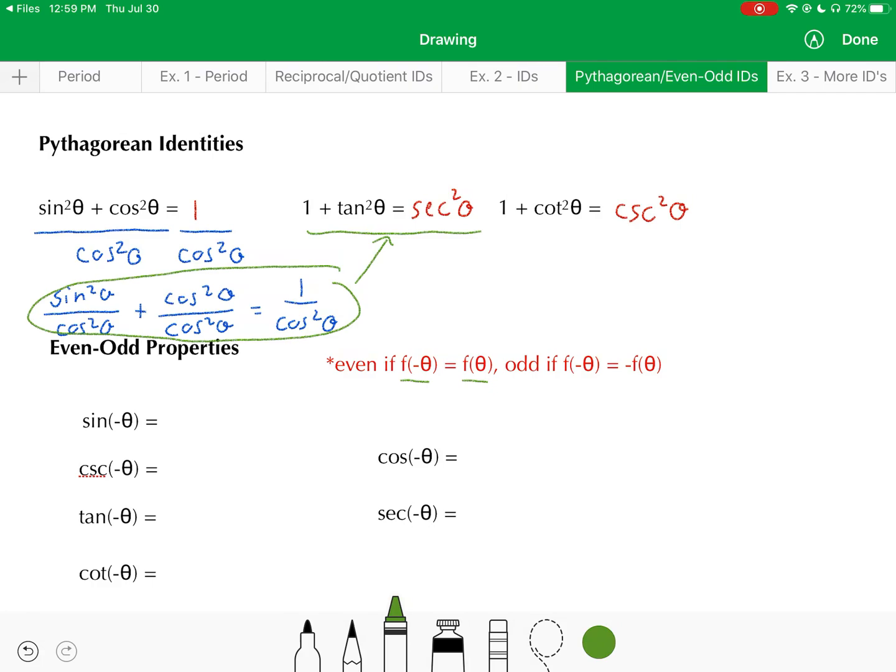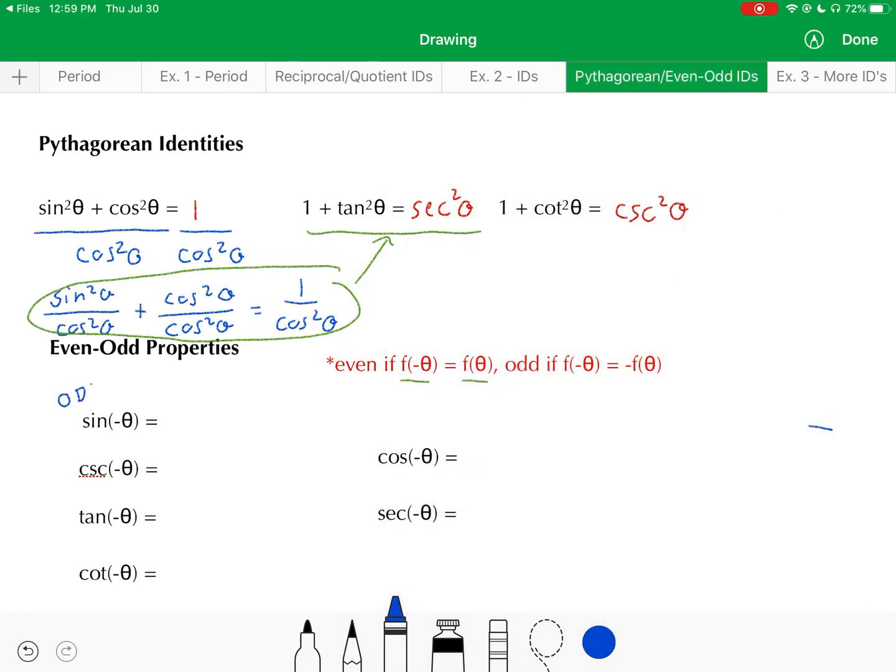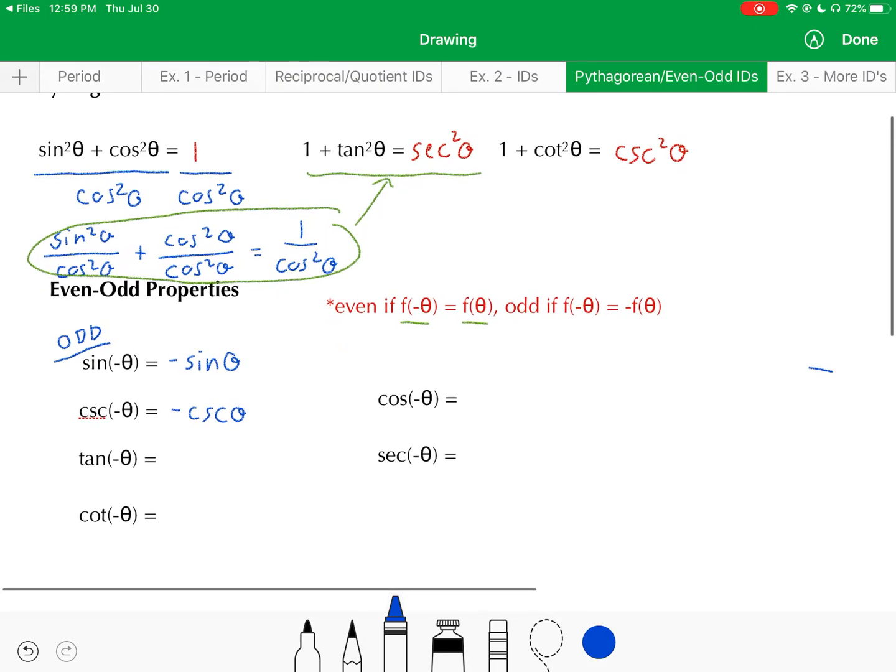So the functions that are over on the left-hand side, these are the odd functions, okay? These four over here are all odd. So that means that sine of negative theta is equivalent to the negative of sine of positive theta, okay? Cosecant of negative theta would be equal to negative cosecant of positive theta. And it's the same for tangent and cotangent as well.